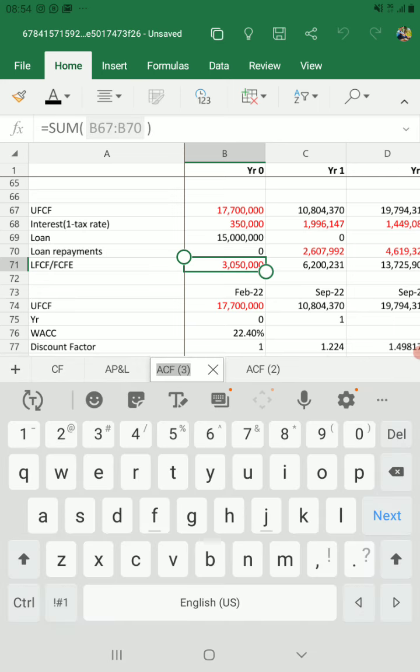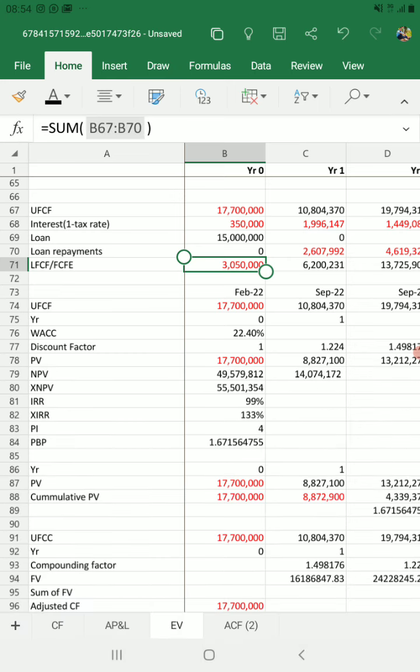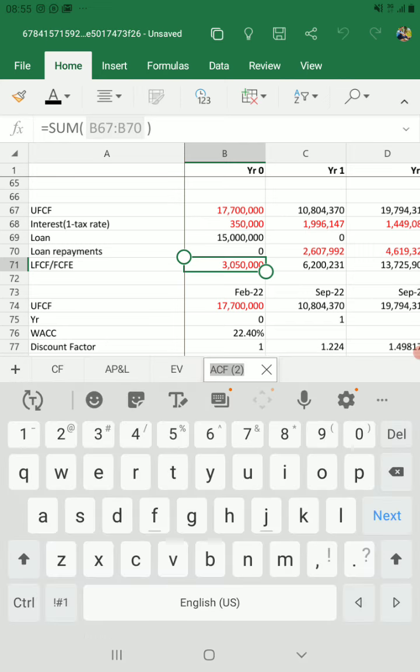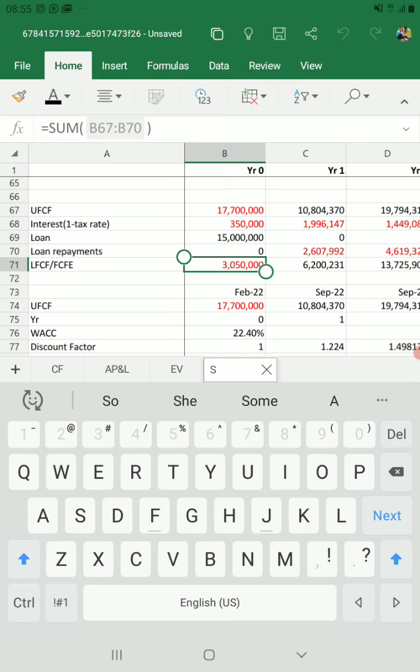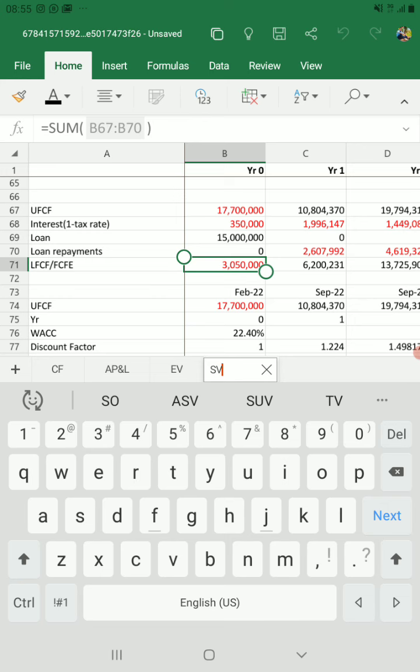So the first one, let's rename this. This one stands for enterprise value, and the other one I will rename to shareholders value.